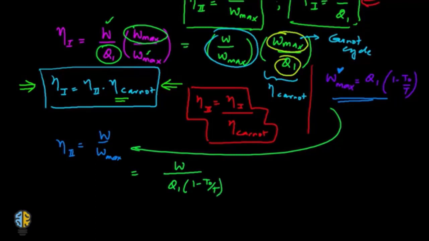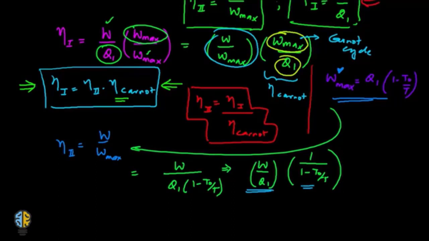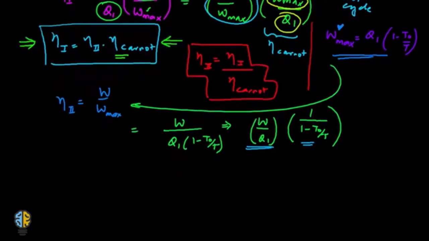When you combine it again, you get W upon Q1 as one value into 1 upon 1 minus T naught upon T as the other value. If you look at this term, this is nothing but eta 1 and this is the Carnot efficiency, so this is 1 upon Carnot efficiency.